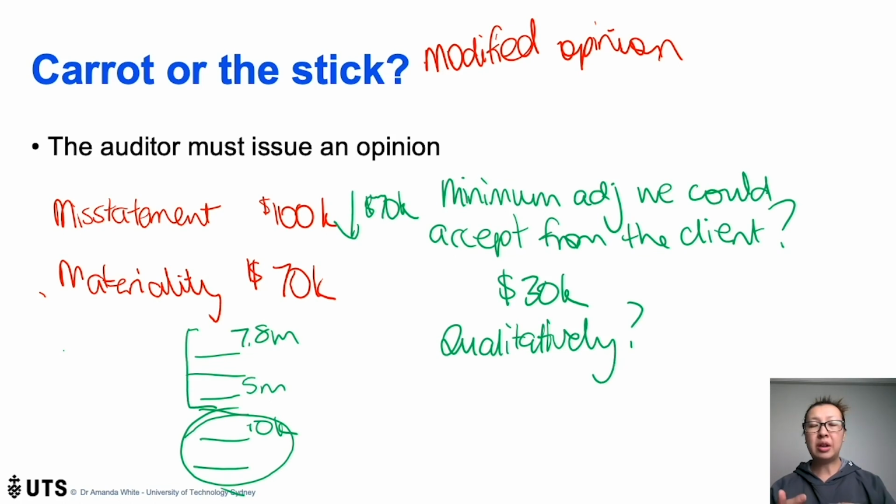If they're major and they're material, we're going to deal with that in the audit opinion and we're going to modify the opinion. But if we think overall the financial statements are okay and we can give them an unmodified opinion, then they're still going to sit there. We need to think about that the next time we come around to do an audit in case they start to aggregate and to compound.